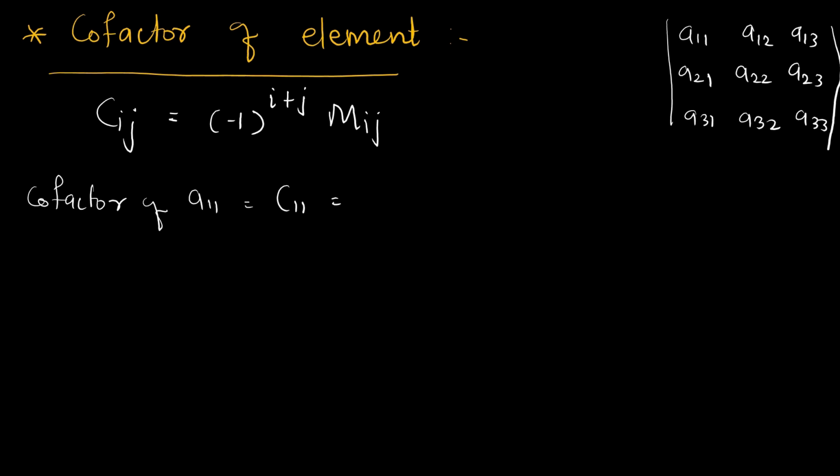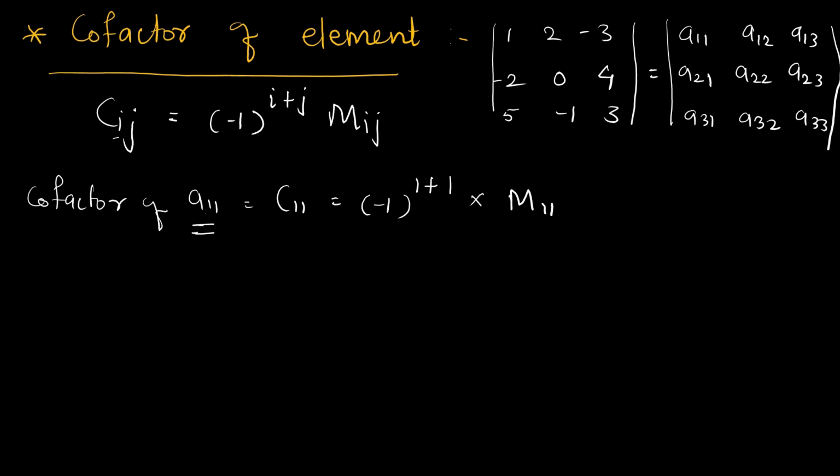So if I want to find the cofactor of element a11, that means C11, it is minus 1 raised to i, which is 1, plus j, which is 1, into M11. Let's take the previous determinant: 1, 2, minus 3; minus 2, 0, 4; 5, minus 1, 3.